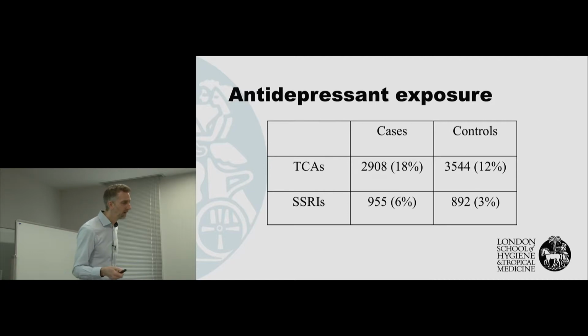These are how the data looked for the case control comparison. Amongst the cases, we've got 18% exposed to tricyclics and 6% exposed to SSRIs. Amongst the controls, we've got 12% taking tricyclics and 3% taking SSRIs.